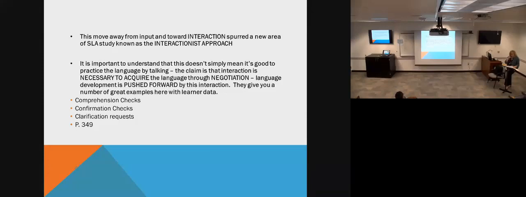And clarification requests, you see an example on page 351. Research, I don't know the meaning of the word research, right? So the idea is that these confirmation checks, comprehension checks, clarification requests actually are what pushes the comprehended language into intake.